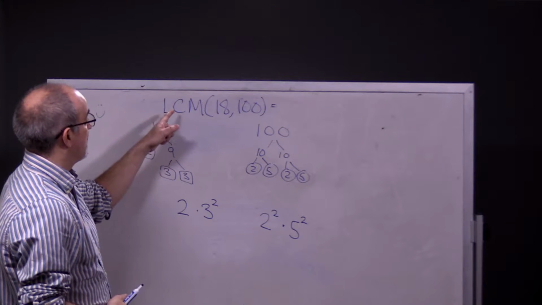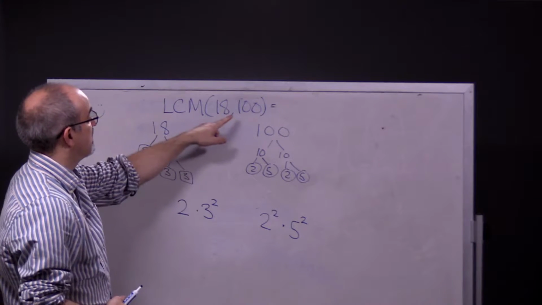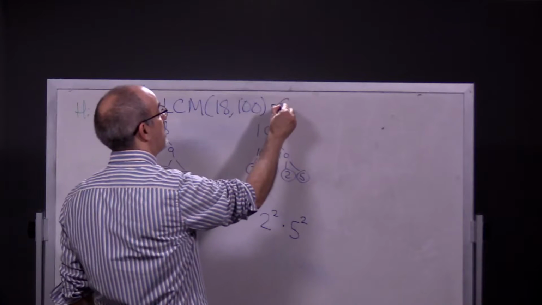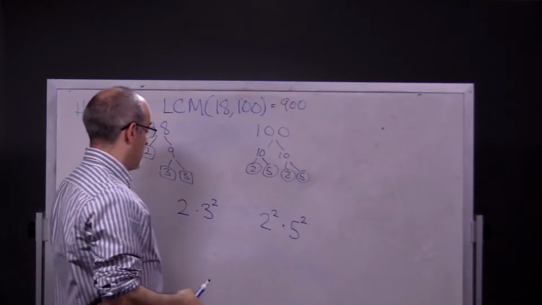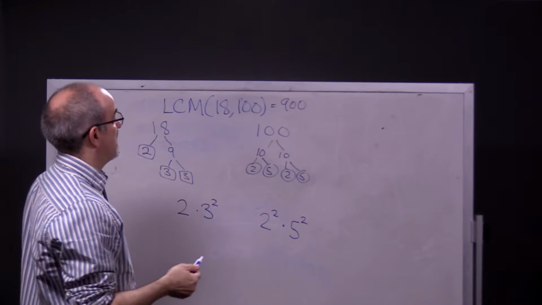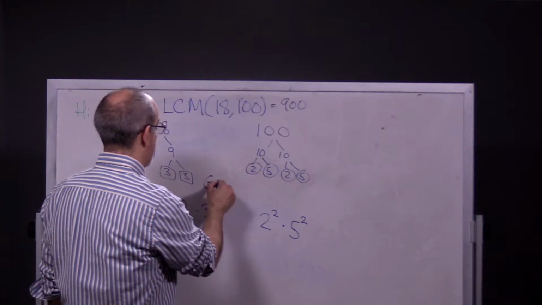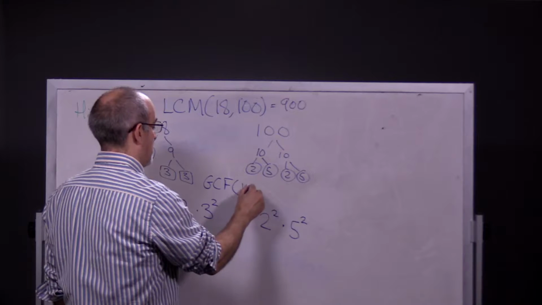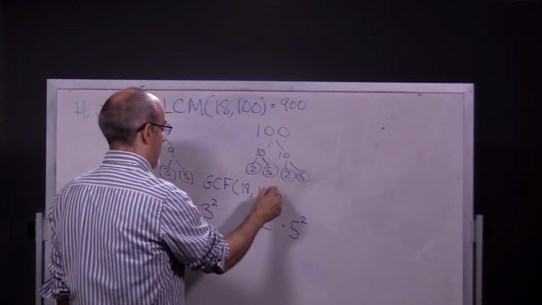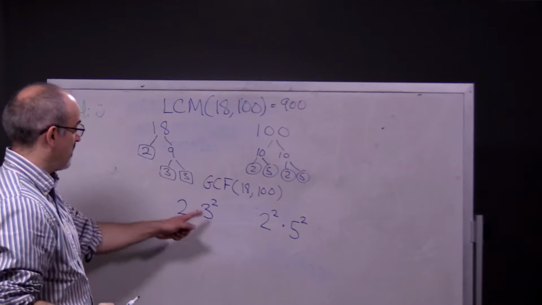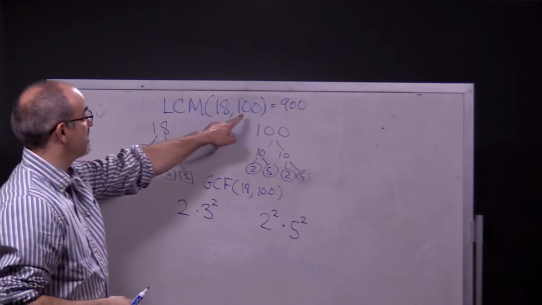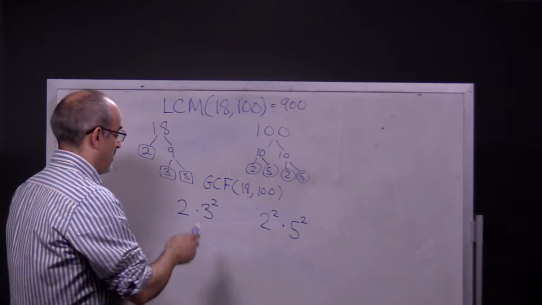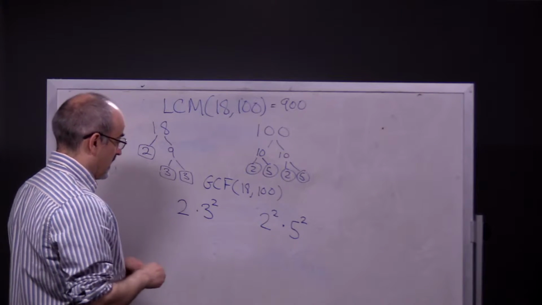So, we just found the LCM of these two numbers, and it was 900. Okay, now I'm going to show you how to find the GCF. If you weren't in class on Friday, the 13th of March. GCF of these two numbers, you take any number that's in both.